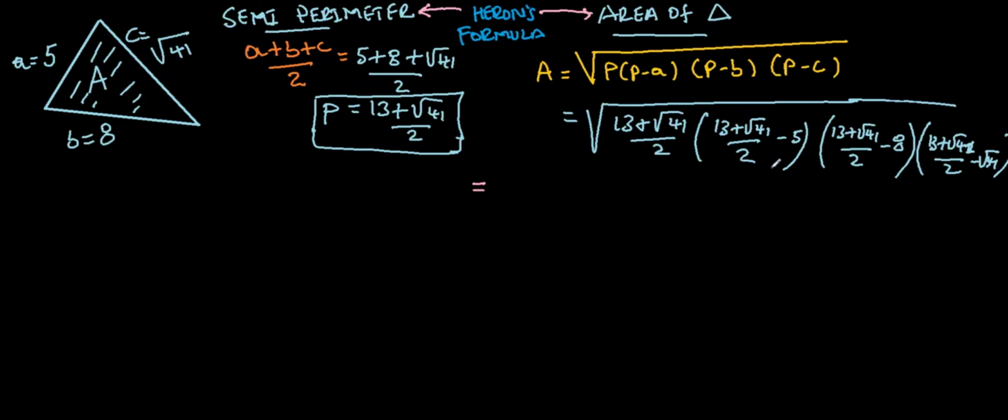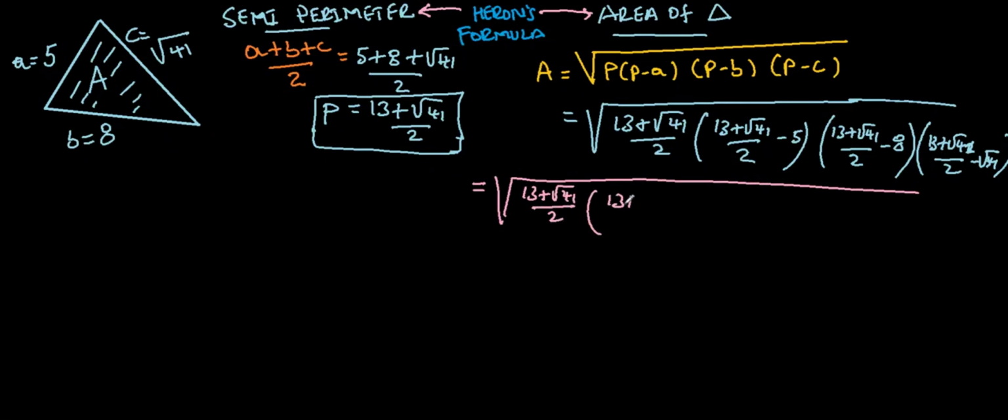Then next, you have to define the common denominator for 5, 8, and the square root of 41. So that means it will be (13 plus the square root of 41) over 2 times (13 plus the square root of 41 minus 10) over 2, because here you have to multiply this one over 1 times 2 over 2. So this becomes 10, and the denominator becomes 2. So they will have common denominators.